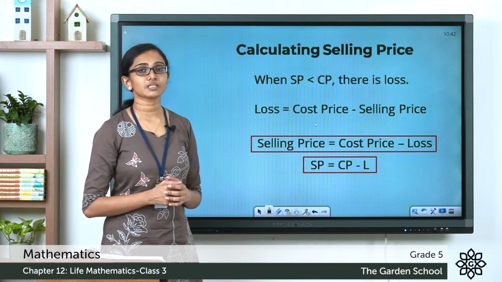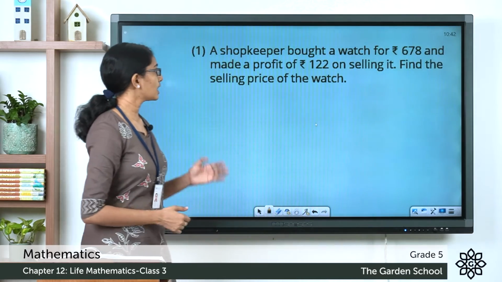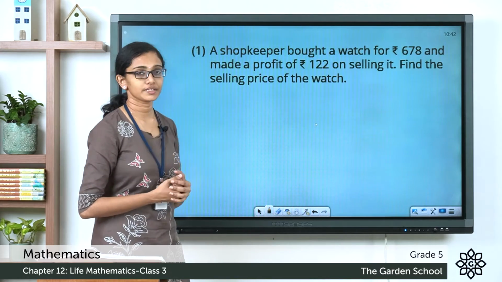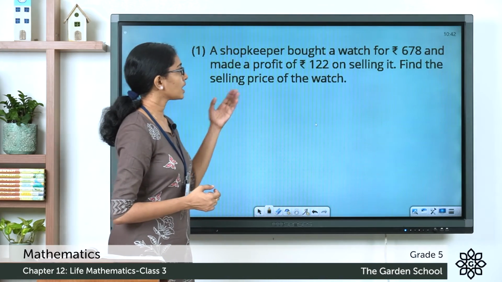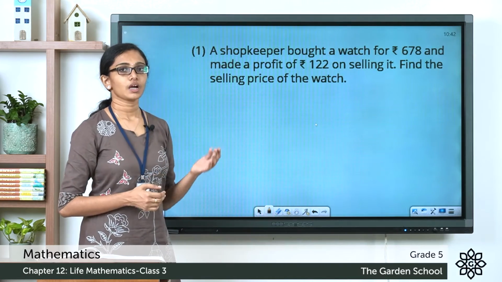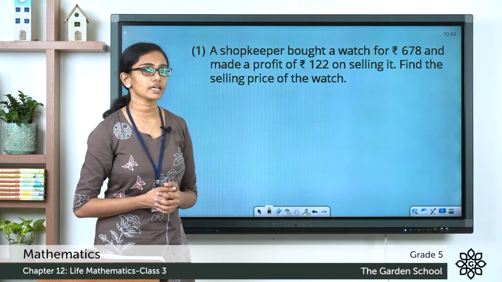Now let's make these concepts more clear by working out some examples. So let's see the first question. A shopkeeper bought a watch for rupees 678 and made a profit of rupees 122 on selling it. Find the selling price of the watch. So what is mentioned in the question?